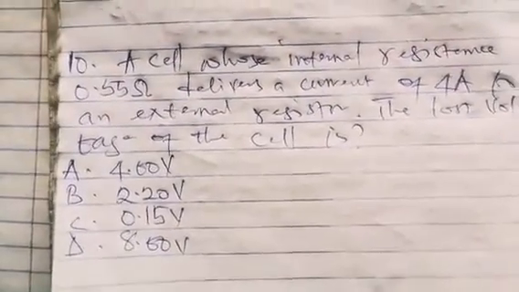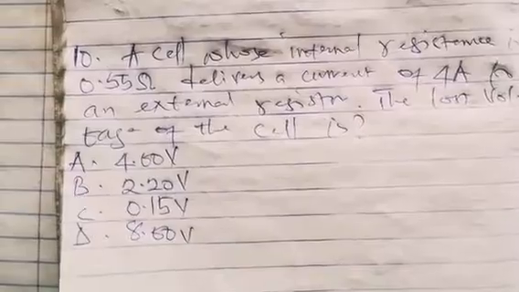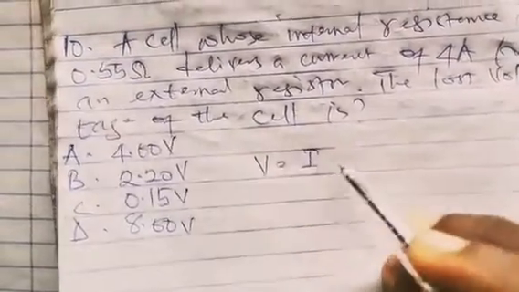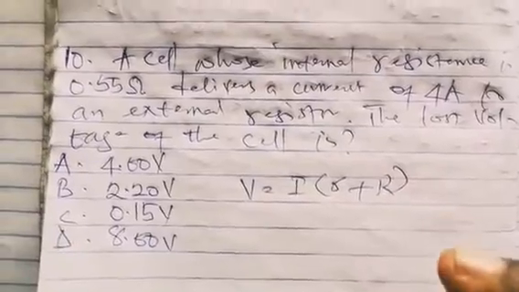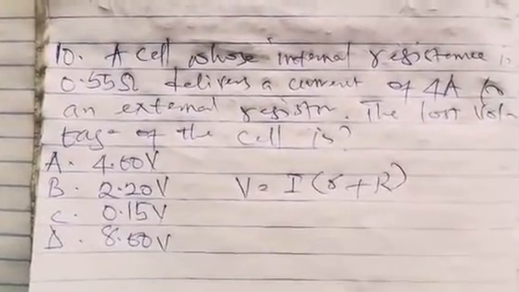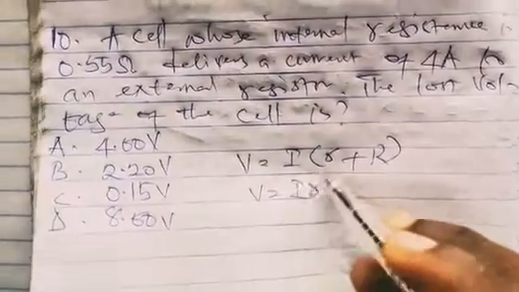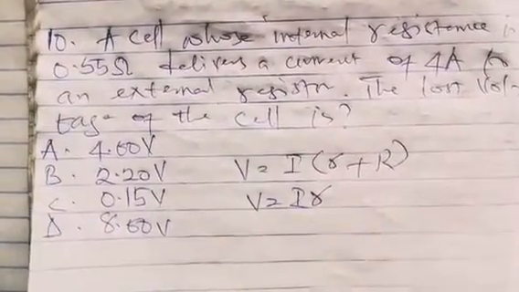All right, now to calculate the voltage lost by a device that has both internal and external resistors, naturally we are supposed to use V equals I times (R plus r), where the small r stands for the internal resistor and the bigger R stands for the external resistor. But in the question, the external resistor was not given, so we'll simply make use of V equals I r. So we are simply calling the external resistor 0.